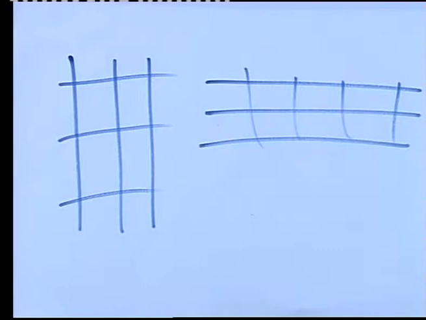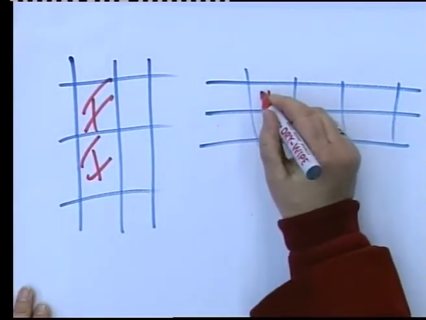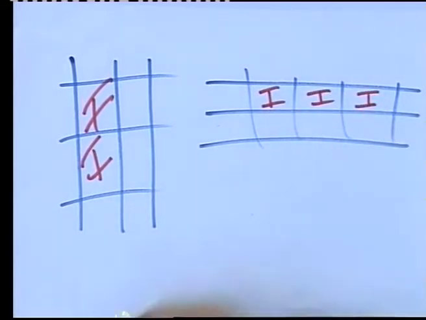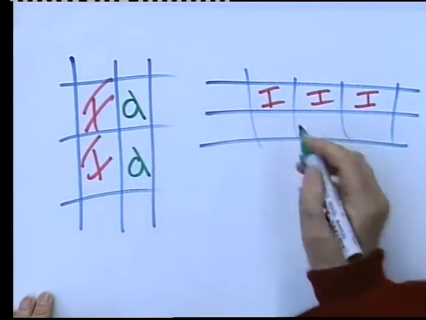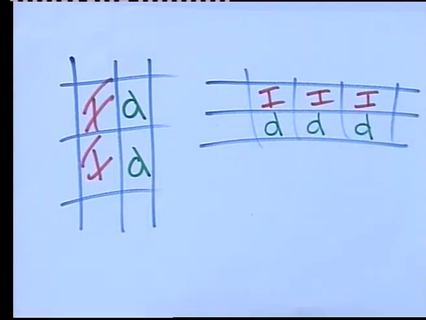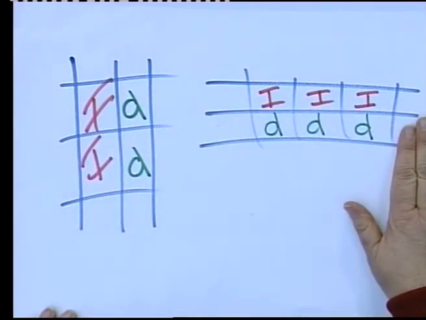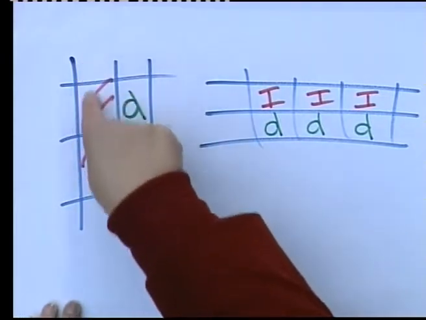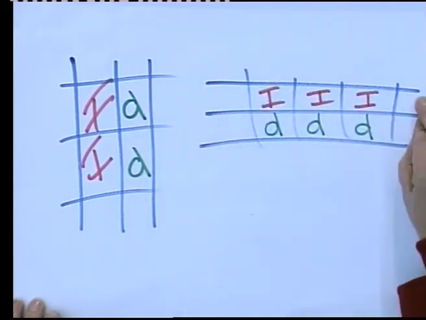Independent variable on the left, or on the top, and dependent variable on the right or at the bottom. So you might get your table in this form or in that form in a paper. And where are you going to look for the independent variable? On the left if it's a vertical table, on the top if it's horizontal.